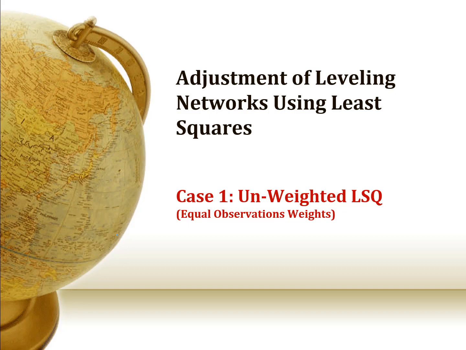For leveling networks, which is essential to this chapter, the topic is vertical control. So the equation and the example of the line were just for an introduction. Here comes the application of least squares for this chapter, which is the leveling networks. We'll talk about it in the next video.